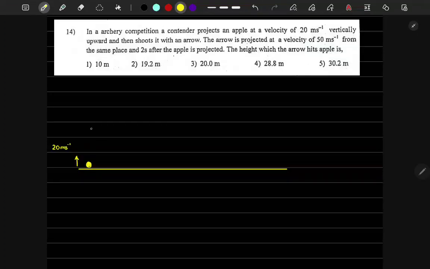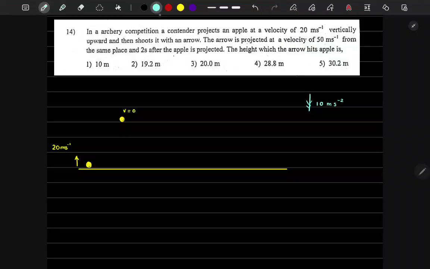Then what would be the velocity of the apple after 2 seconds? After 2 seconds, it is something like this. The velocity of the apple after 2 seconds would be 0. How can we get to that conclusion? We know that the gravitational acceleration is 10 meters per square second downwards.